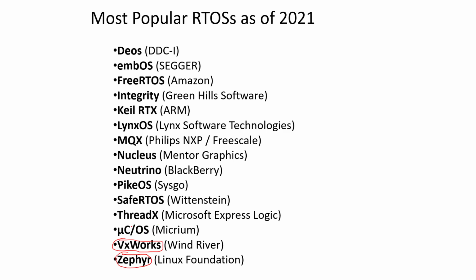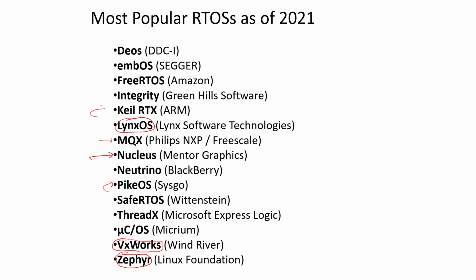Then we have the microcontroller OS, something by Micrium, Express Logic. PikeOS is something we have discussed, and Neutrino was being used by BlackBerry phones, not used to that extent now. Nucleus is a Mentor Graphics product, same as MQX. LynxOS is again very popular. In fact, this list has been taken from the website of LynxOS.